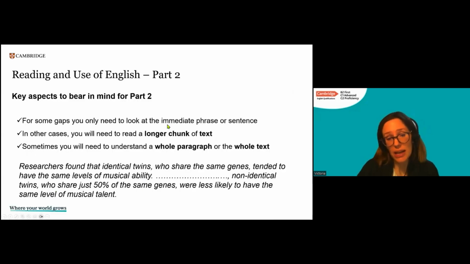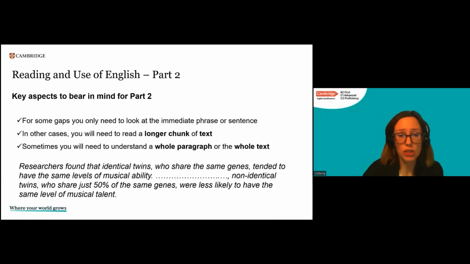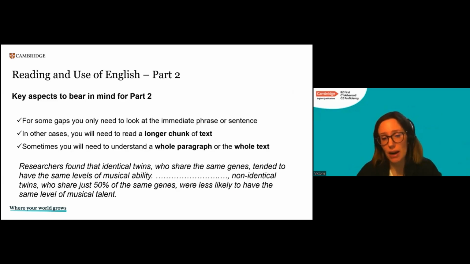But in some other cases, we may need to read a longer chunk of text, maybe a whole paragraph or the whole text. The approach would be the same, really, okay? I would really encourage you to read the whole text to get a general idea of what it is about before you go on and look at the gaps.